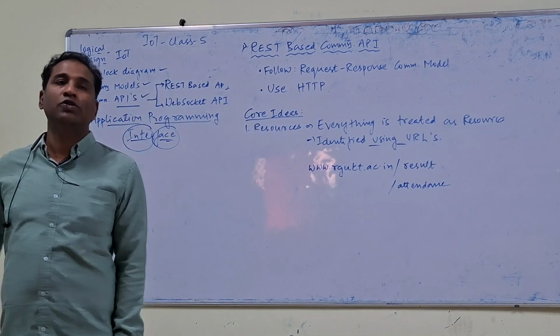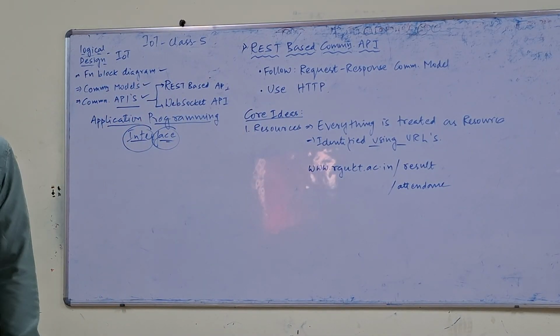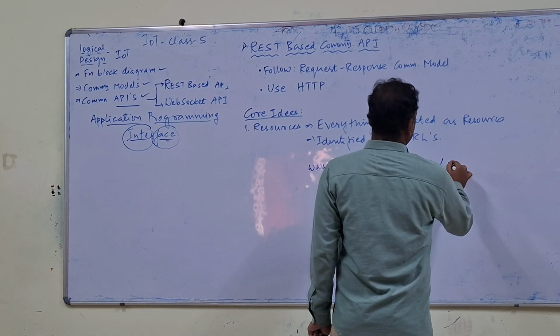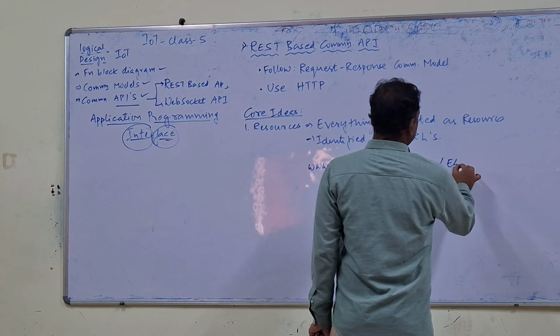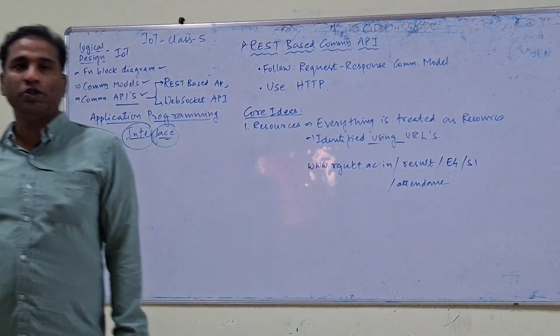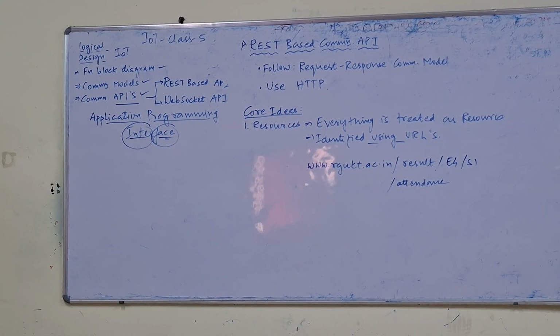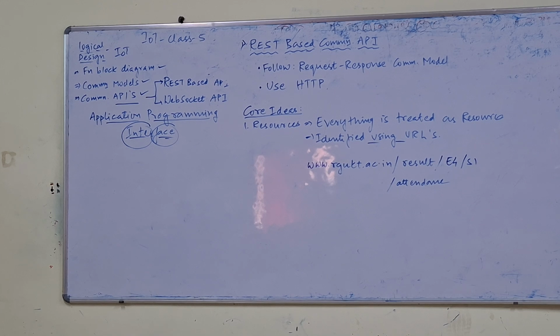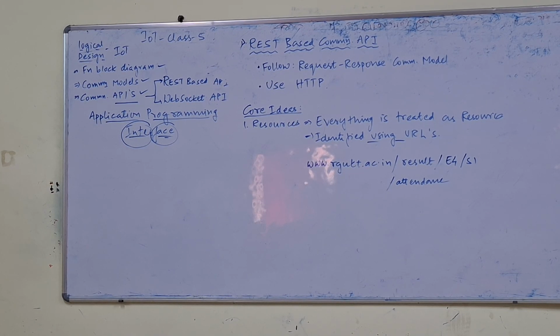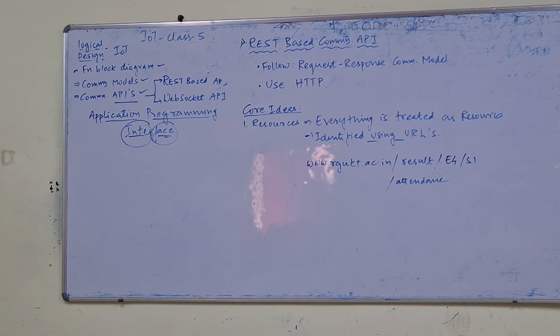Like this the resource is available, and in the result you will get the sample. All the resources are identified by the URL. The resources are identified using URLs. Is this idea clear?